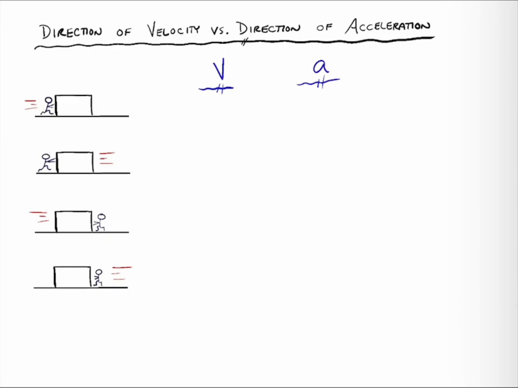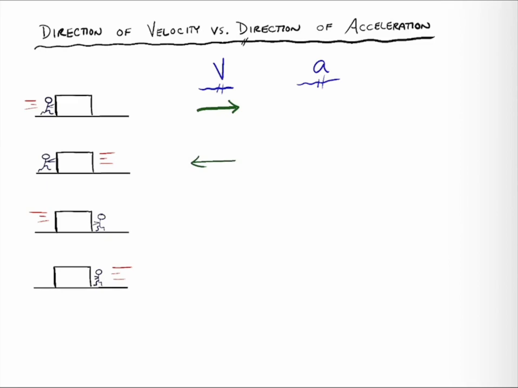So the direction of the velocity is the easy one. The direction of the velocity is quite simply the direction that the object is moving in. So in that first case, ignore the person pushing. Because that block is moving to the right, we simply say it has a rightward velocity. In the second case, again, ignore the person who's pushing. That block is moving to the left, so we say it has a leftward velocity. You can try the third and fourth ones for yourself.